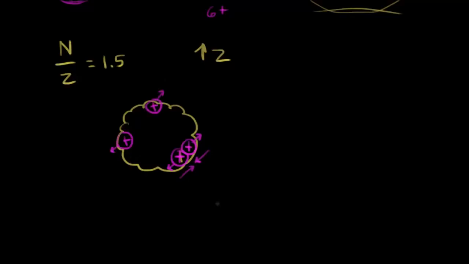And because you don't have the strong force anymore, eventually, as you keep increasing the number of protons, you're increasing the electrostatic force, and you get to a point where you need more of the strong force, and so you need to add in more neutrons to balance things out. So you need to add in more neutrons here, and that's the reason for this increased ratio. You need more neutrons as you increase the number of protons here.